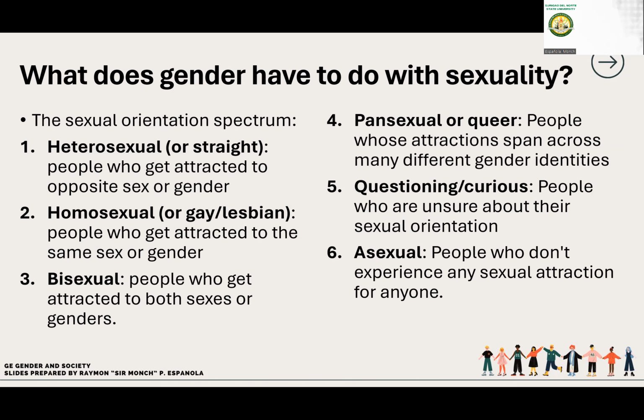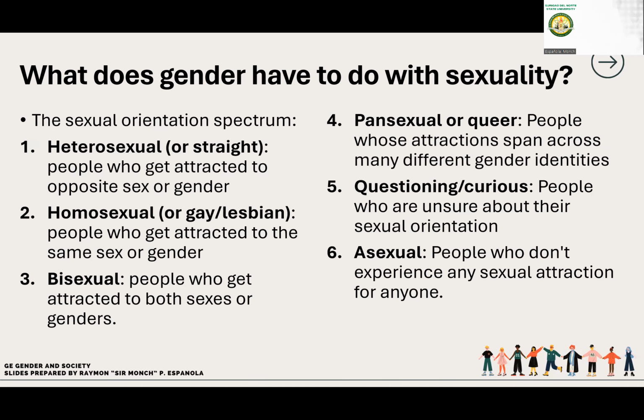Okay. Bisexual are people who get attracted to both sexes or genders. Pansexual or queer are people whose attractions span across many different gender identities. Questioning or curious are people who are unsure about their sexual orientation. While asexual are people who don't experience any sexual attraction for anybody. There are people who are like that.